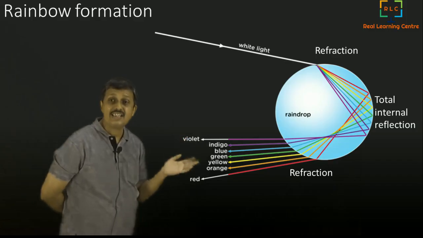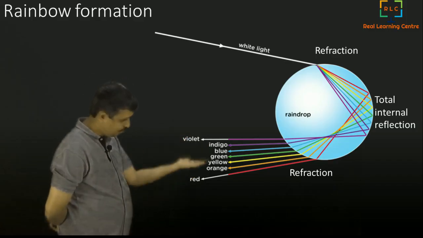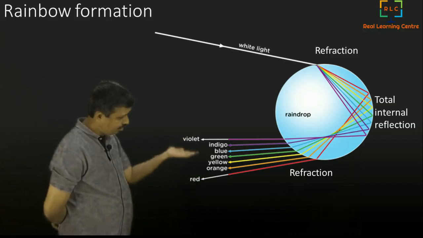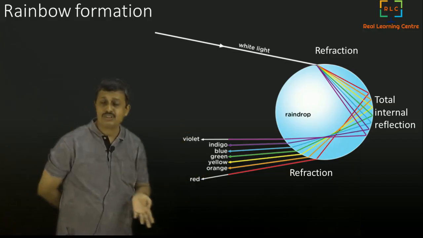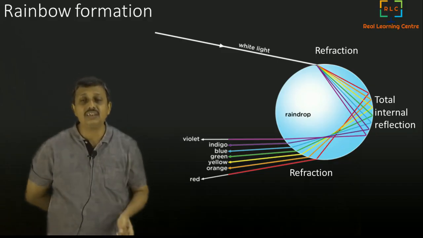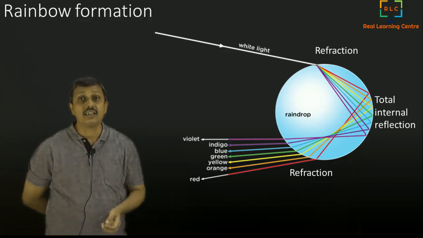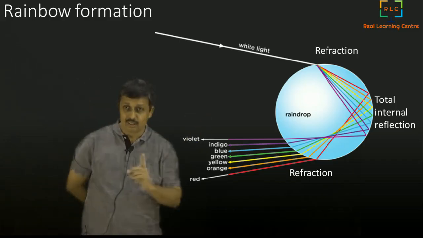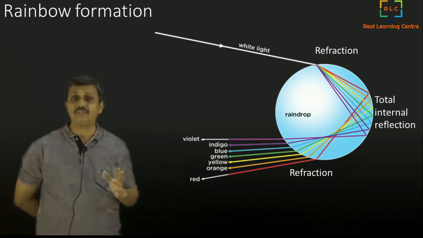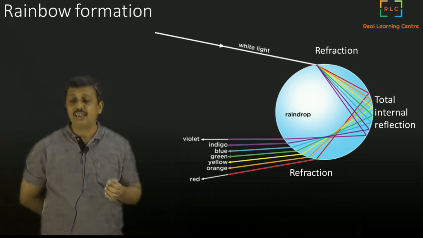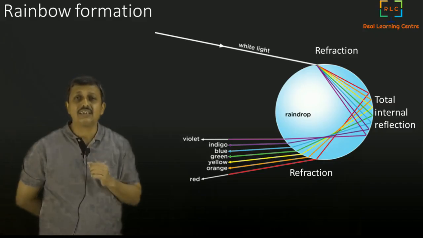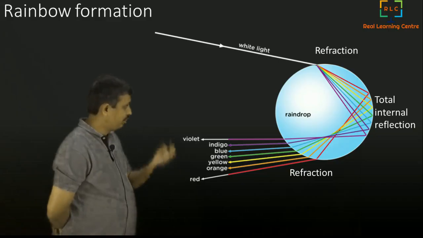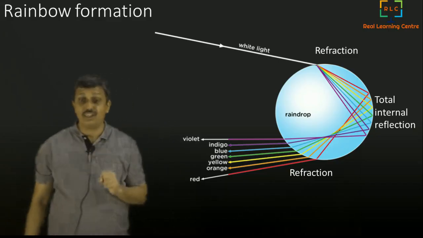You can very clearly see that red comes at the bottom, then afterwards the remaining colors, and the topmost is violet. This is how the rainbow happens. But you have to understand that it is not one single droplet. It is millions and billions of small droplets, each giving a little bit of light, and that light finally adds up in your eyes, and you can see the different colors.